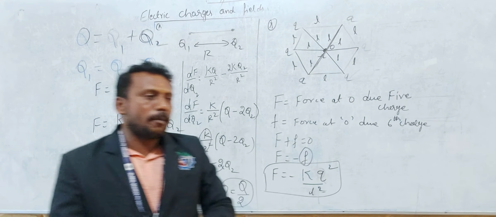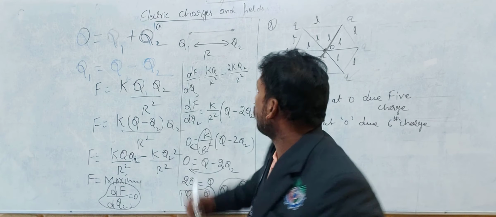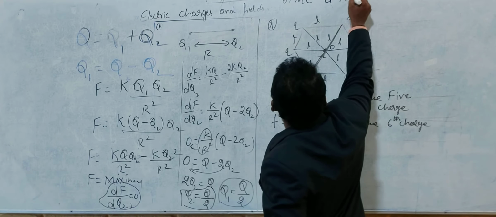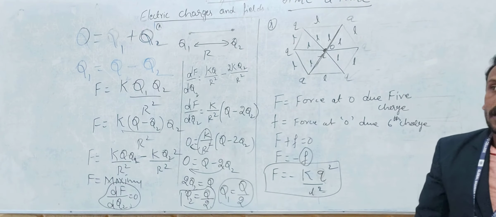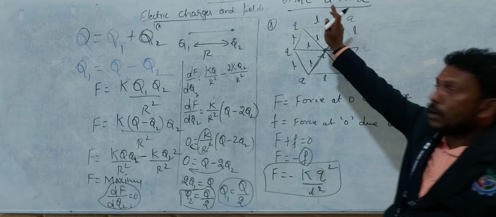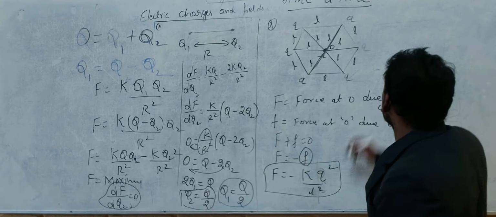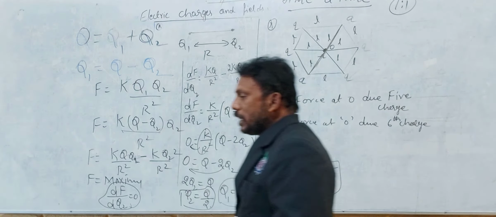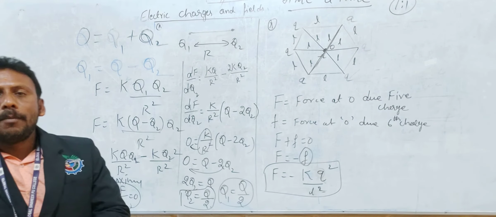What is the ratio of the repulsive force on each charge? The ratio is 1:1, because each charge repels with the same magnitude.